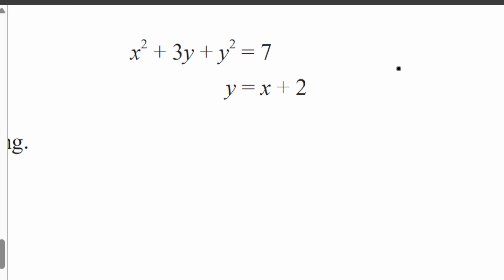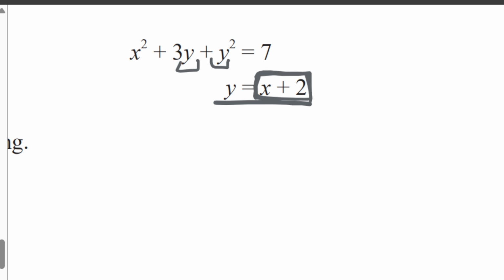Now, to solve this, let's look at the second equation here. y equals x plus 2. What we will do is substitute each value of y with this value. So instead of y, we are just going to write x plus 2.